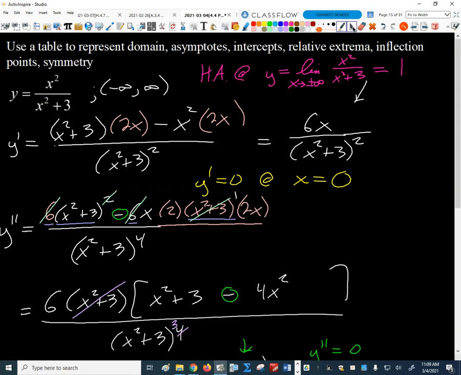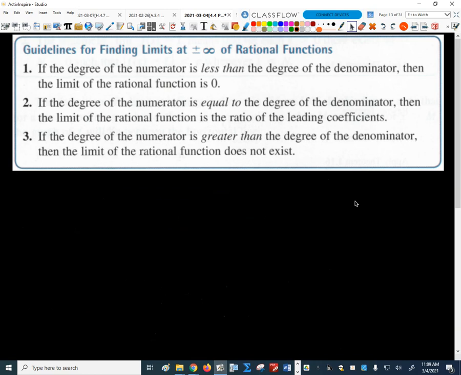Let's just do a brief review. If I go back a couple slides, remember this? How do we find limits at plus or minus infinity for rational functions, polynomial divided by polynomial? Remember these rules. If the degree of the numerator is less than the degree of the denominator, so the bottom polynomial is a higher degree than the top polynomial, then the limit is 0.